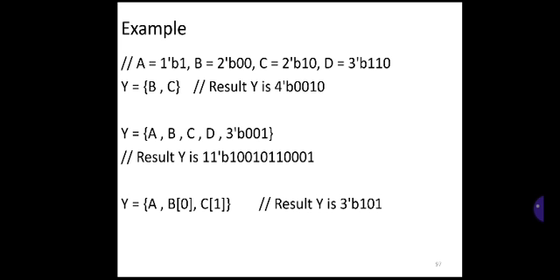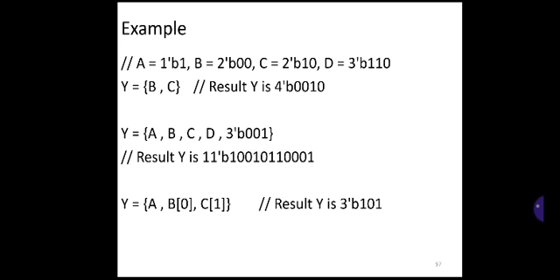B is 00, C is 10, so together it is 0010. So the result Y is 4-bit binary 0010. That is, 4 is the size of Y. B is 2, C is also 2, 2 plus 2 is 4. So the size of Y is 4. Binary number B is 00, C is 10, therefore 0010.